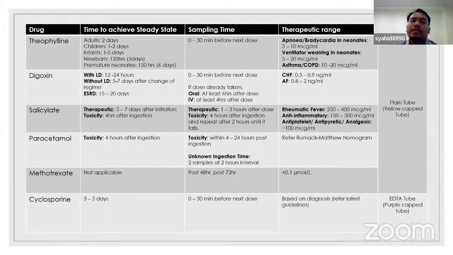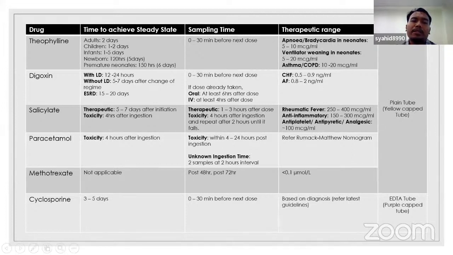For therapeutic, sampling time is 1 to 3 hours after the dose. For toxicity, 4 hours after ingestion, and repeated after 2 hours until it falls. For therapeutic range also, there are 3 main focuses on therapeutic and they differ accordingly.